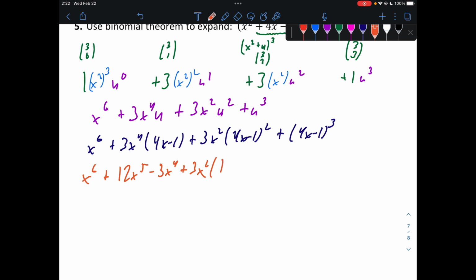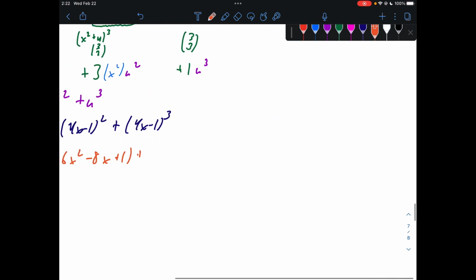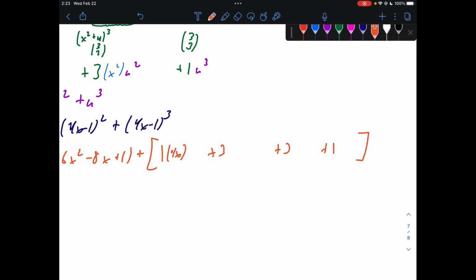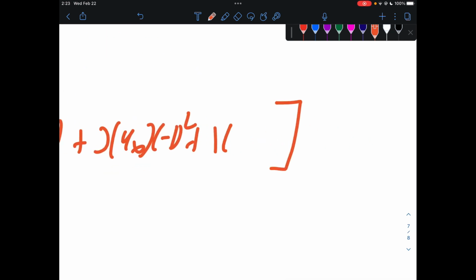I know this is going to be 16x squared minus 8x plus 1, plus, okay, so now my binomial expansion again is 1, 3, 3, 1 times 4x to the third, times 4x squared times negative 1, times 4x times negative 1 squared, times 4x to the 0 times negative 1 cubed.